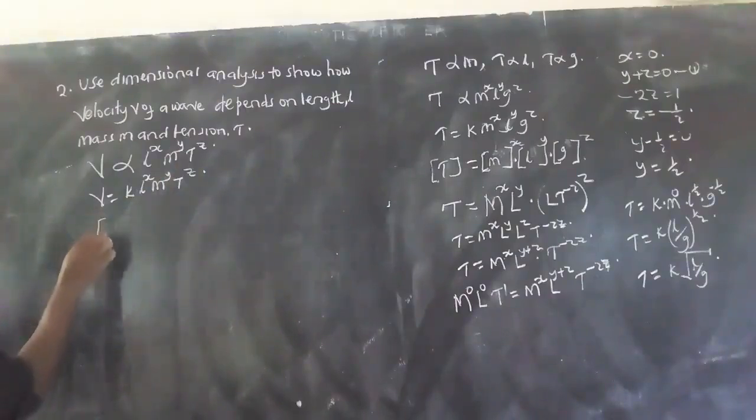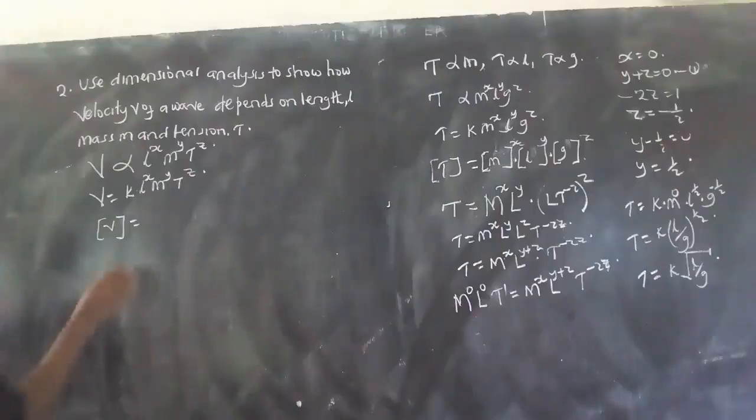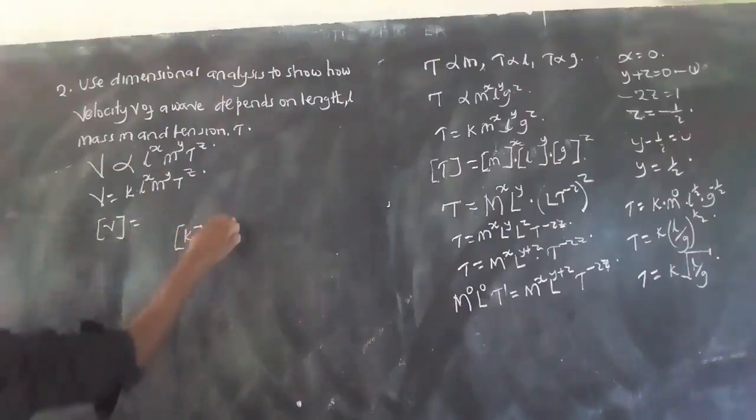So the dimension of velocity v. The dimension of a constant is equal to 1.